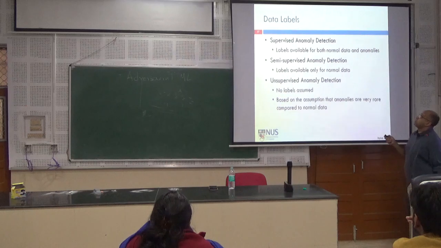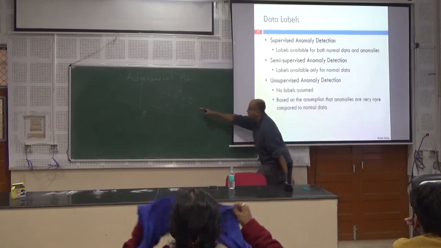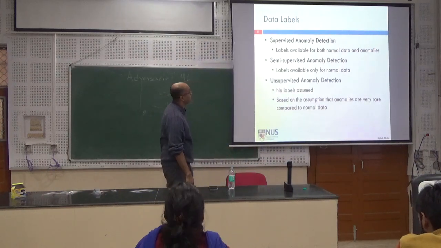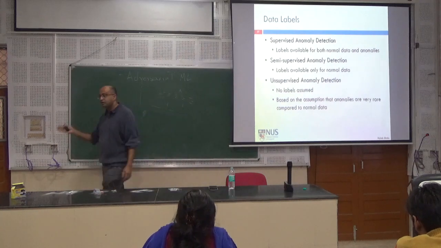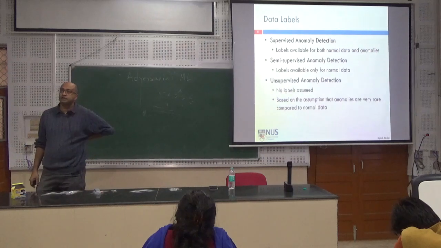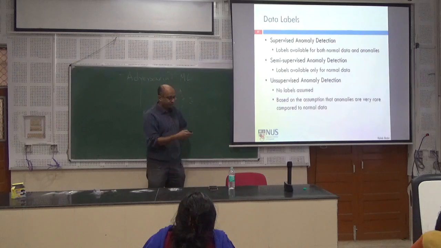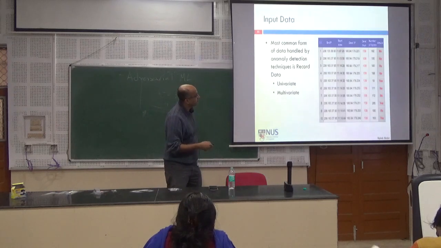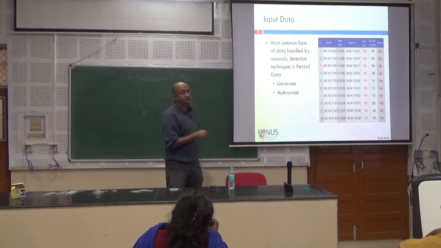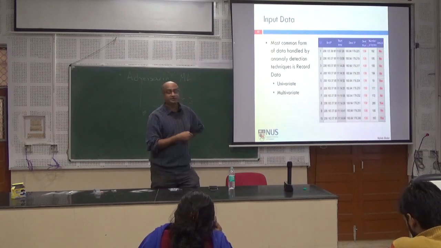The next thing is the data labels. How do I know if something belongs to anomaly or normal? Somebody has to do the labeling for me. Based on whether labels are available or not, you come up with different kinds of machine learning techniques. If you have labels available, as I did here, is it an attack or not an attack, then every piece of data that I have as input to train my system already has a label.